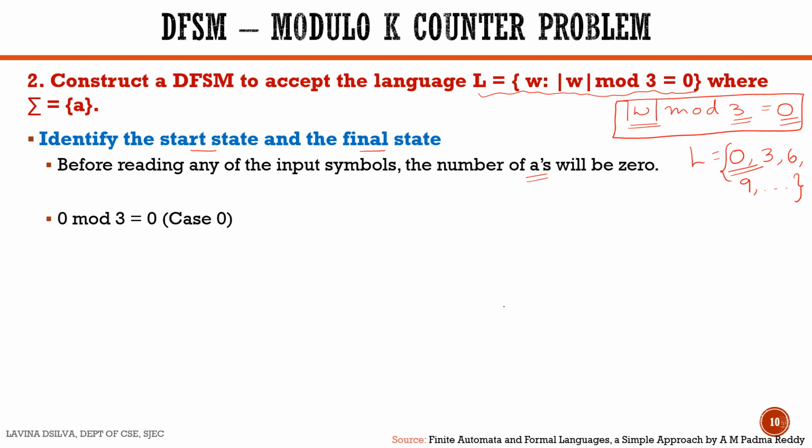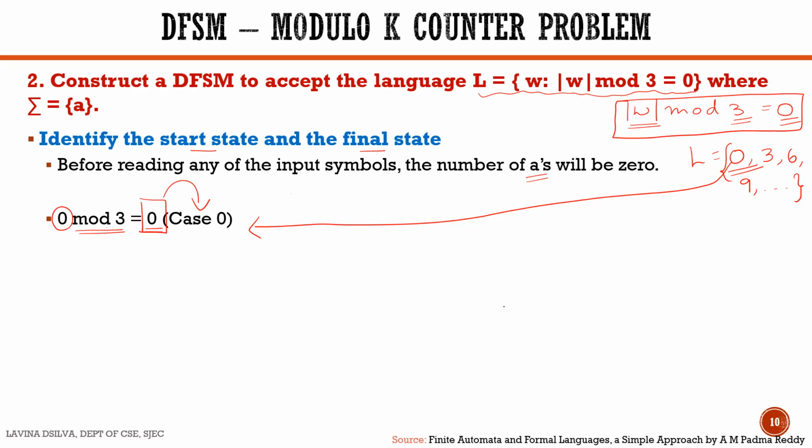Therefore, taking this minimum length string, 0 mod 3 is equal to 0. Now we know that if 0 is the remainder, then it comes under case 0.